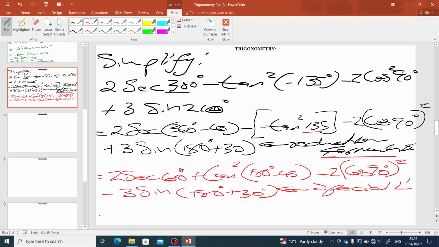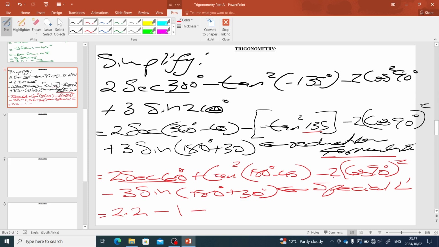It means we are having 2 times 2 here, because cos 60 is 1 over 2, and its reciprocal is 2 divided by 1, which makes it 2. Then minus tan 45, we know that it is 1. Squared, 1 to the power 2, it will be 1.